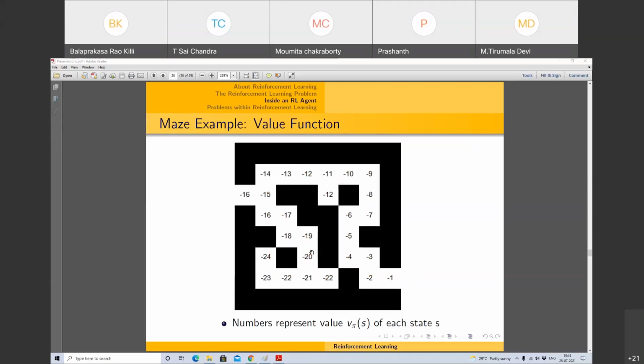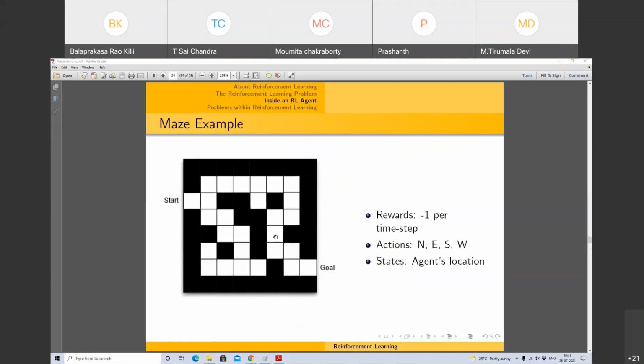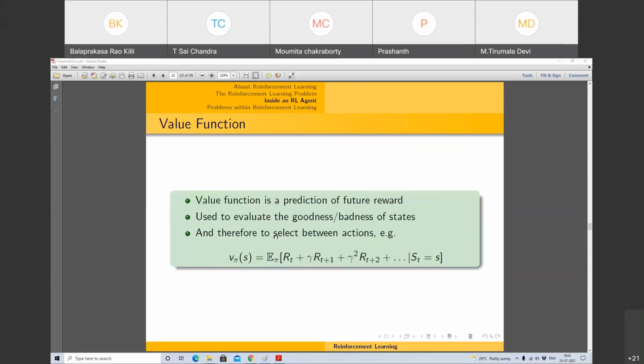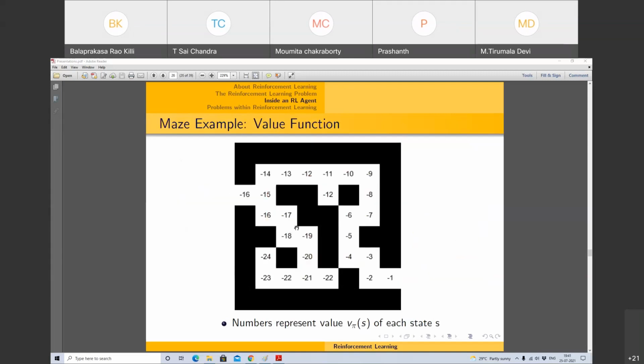Now, what is value function? It is goodness of state, or you can say it is the maximum total reward that it will accumulate. Now, the numbers here represent value functions. So what is this minus 15 telling you? The expected reward.